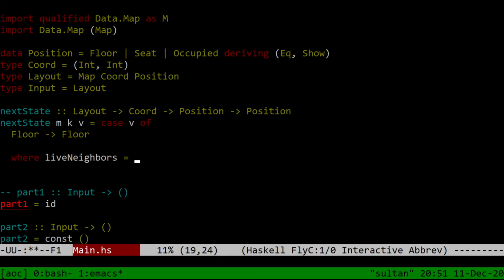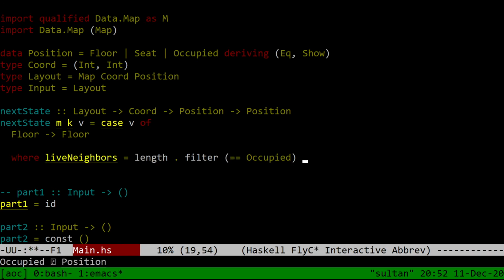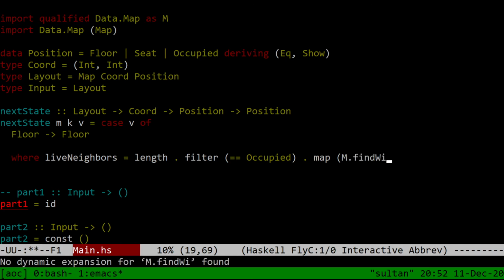It's length of filter equal occupied, map m.find. No, it's find with default, right?